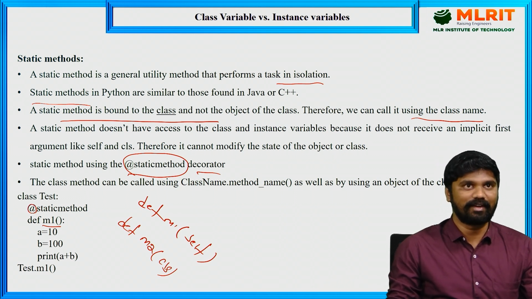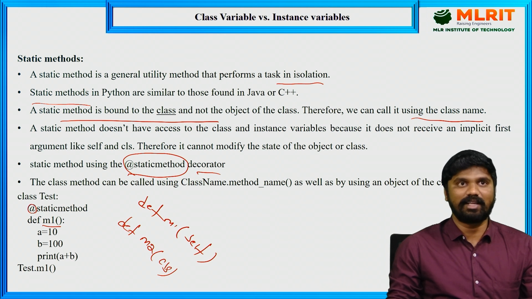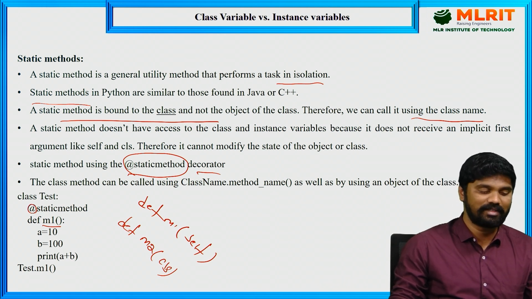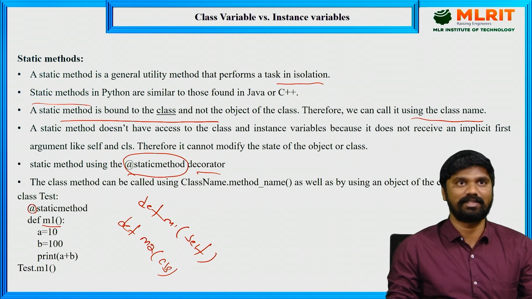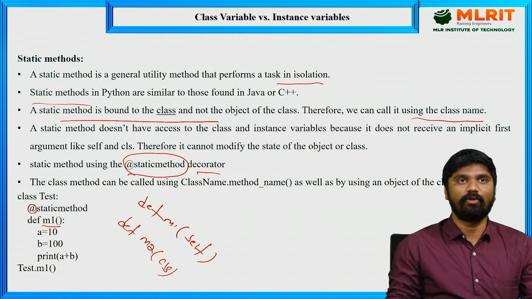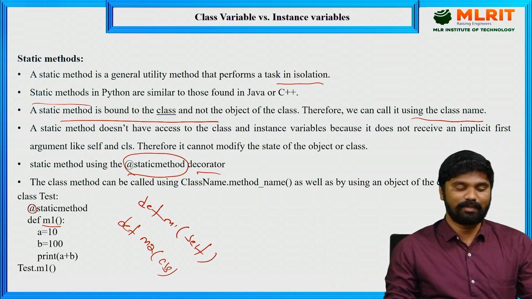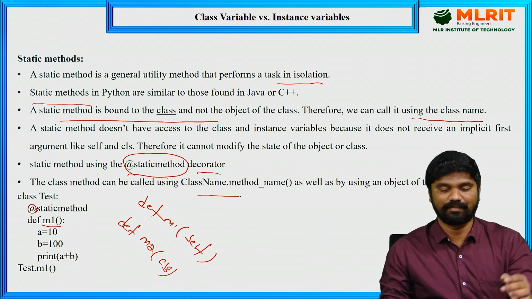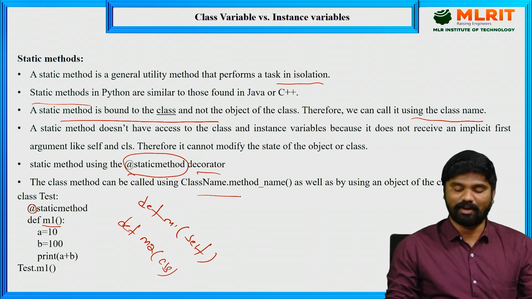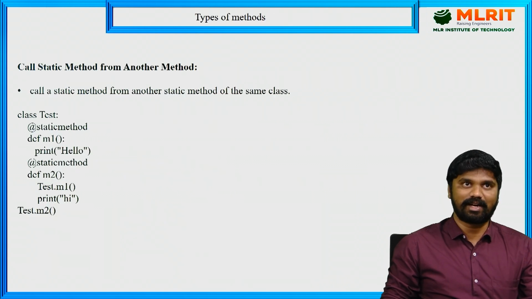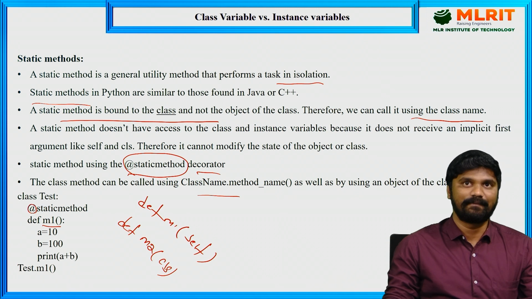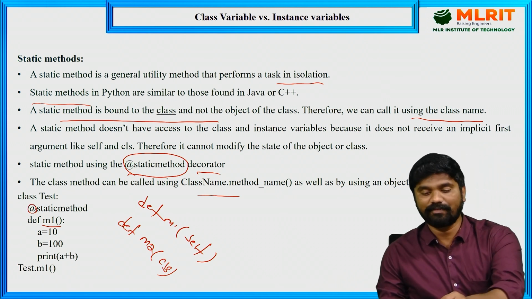Whenever we define the @staticmethod decorator upon a method, then that method is a static method. This is the declaration of the static method. Next, how can we call it? By using the class name. Of course, we can also access the static methods using an object of that class.